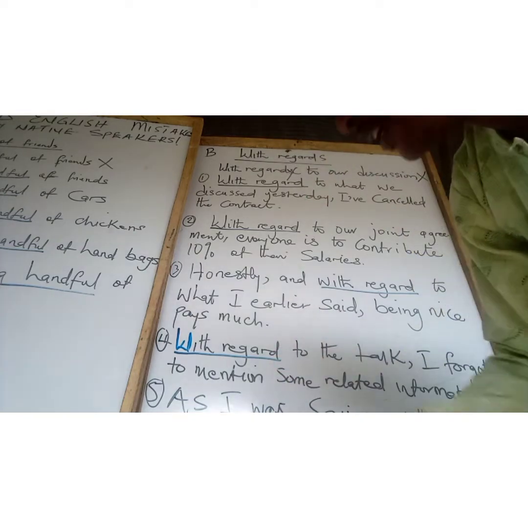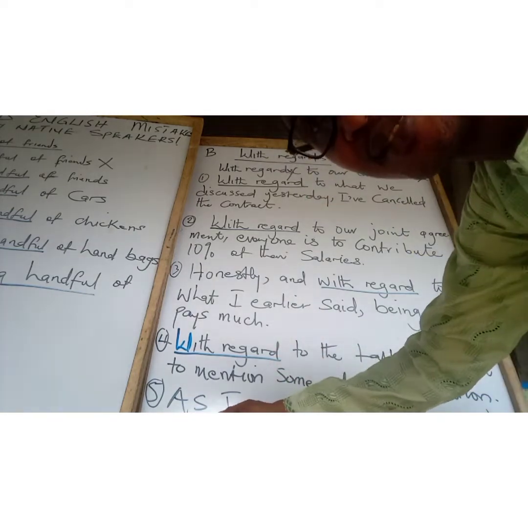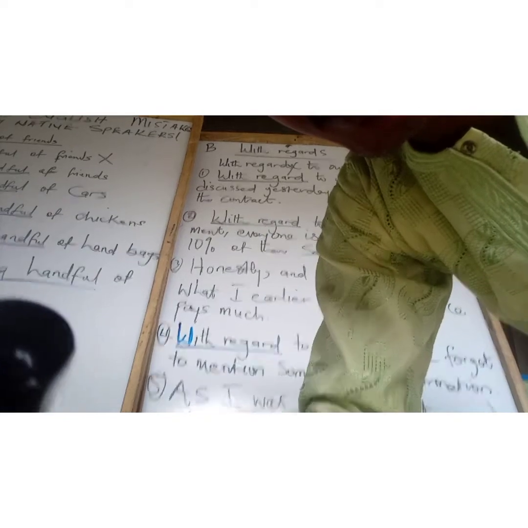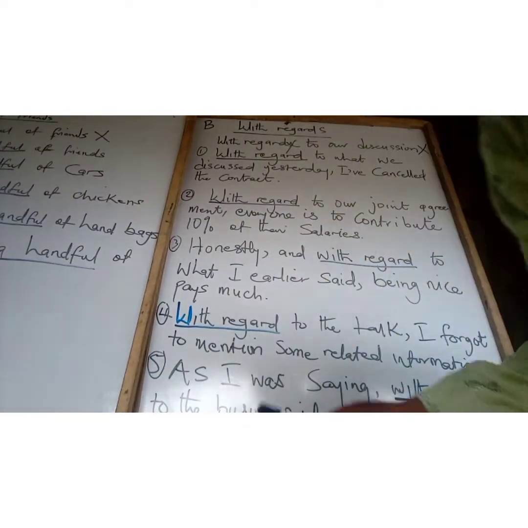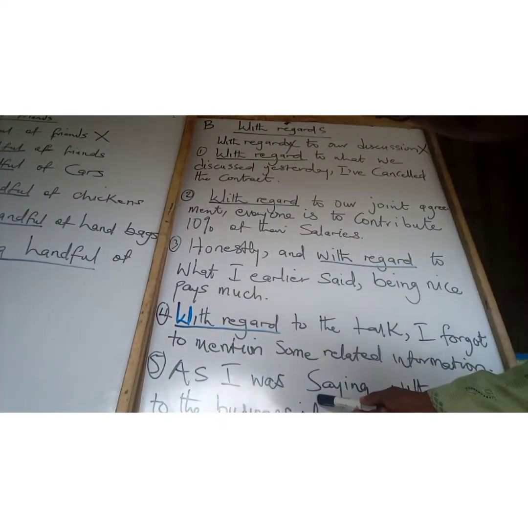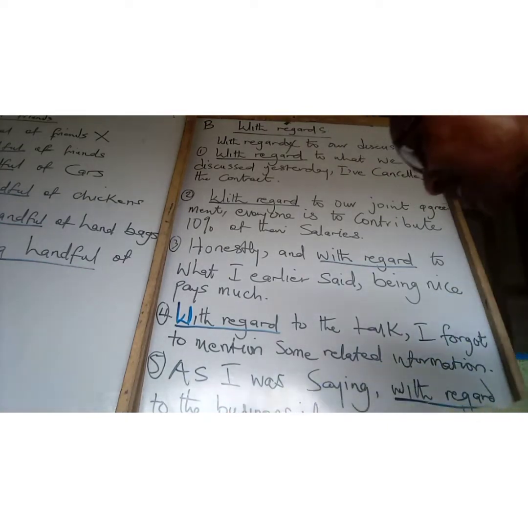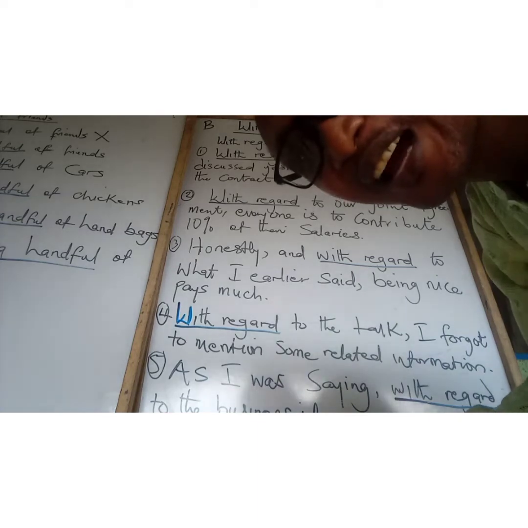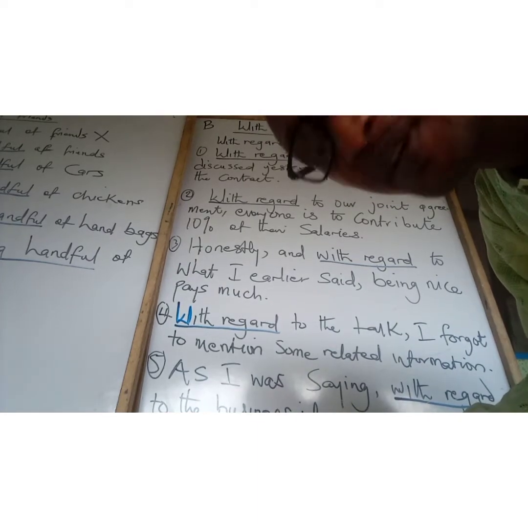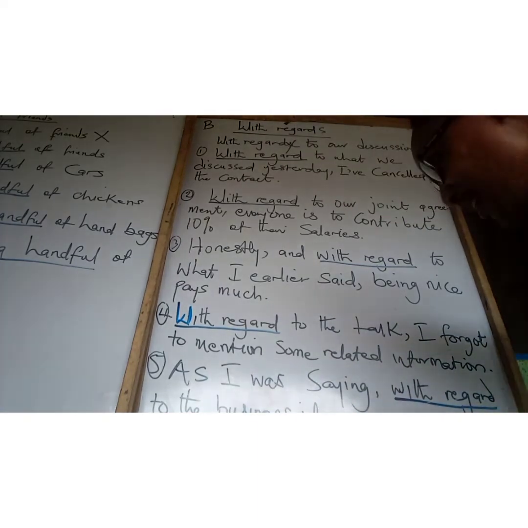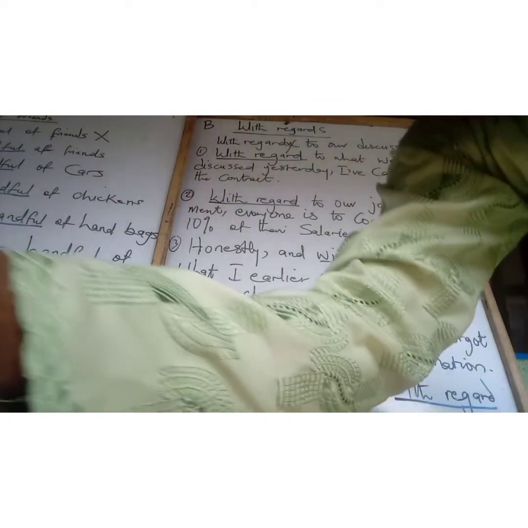It is with regard. Then finally, so that you can see it clearly, as I was saying, with regard to the business idea, investing 10 million is not a bad idea.